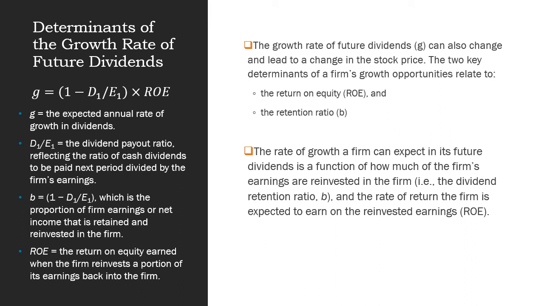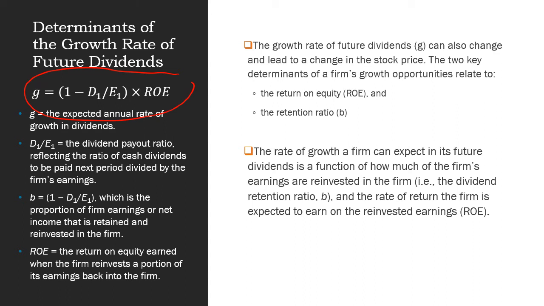Okay, apart from the rate of return, the growth rate, or the g, will also become a determinant of the future dividend to be paid, and therefore will also affect the price of the stocks. Okay, so the growth rate can be calculated by using this formula.